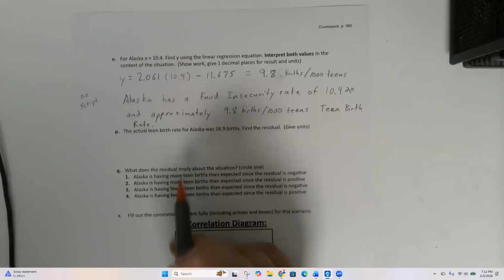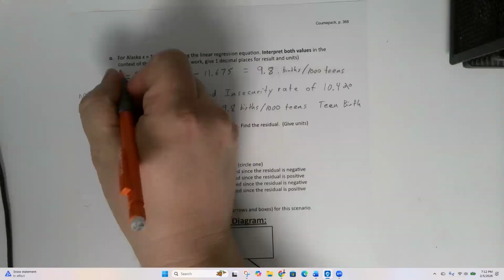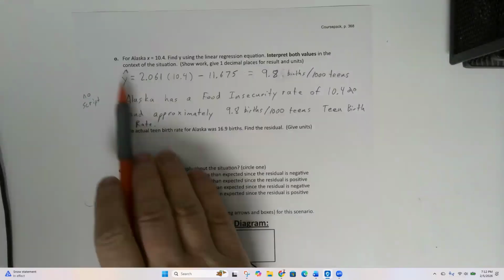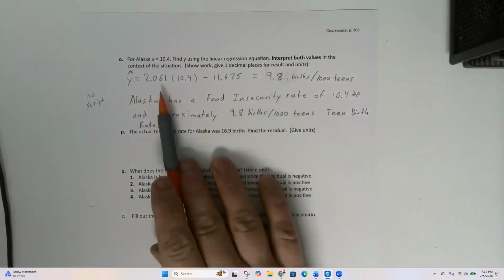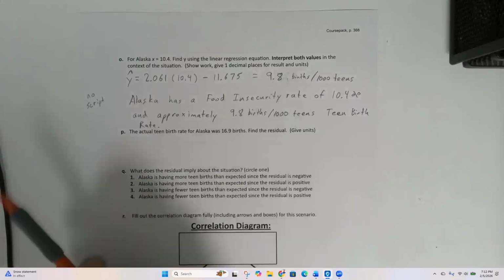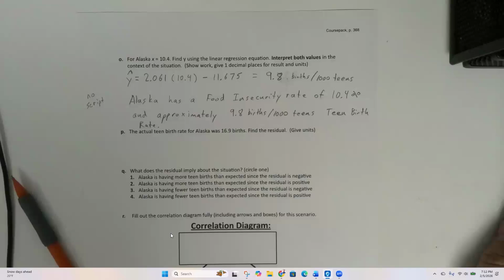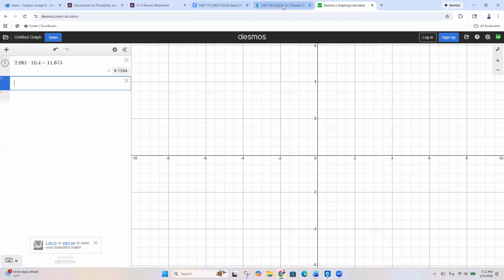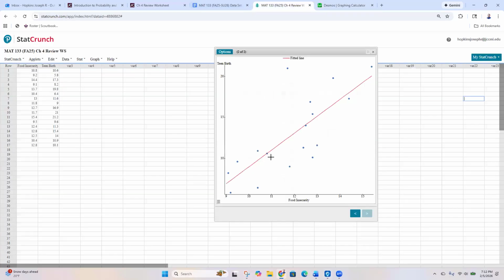Now, why did I write approximately? Because this is not the actual y value. This is y hat. Okay. It's the prediction. Does Alaska actually have that teen birth rate? Maybe, but probably not, right? Because, looking back over here on our line, this point right here is right on the line.